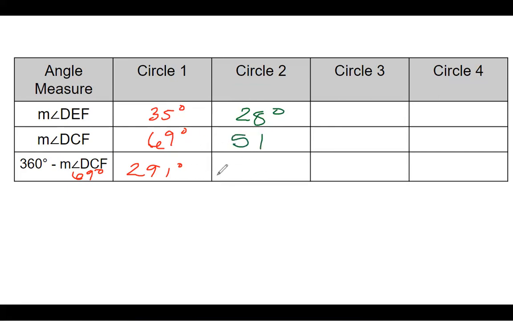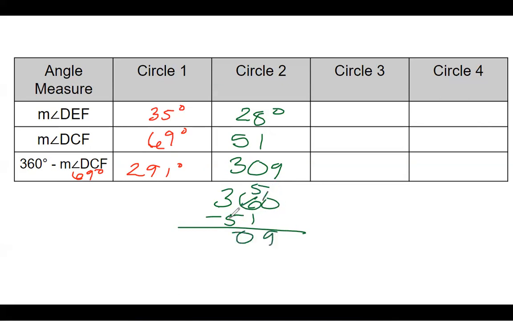And 360 minus 51. 309. So this is 360 minus 51. This is 9. We borrow 1. So this is 9, 0, and 3. 309. Okay. 309. All right, let's see who else.